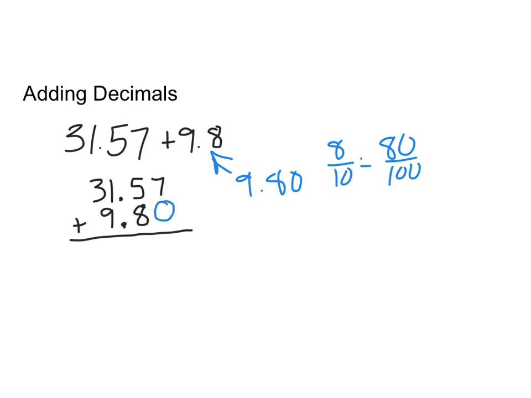So once I have that, I do my 7 plus 0, which gives me 7. I'm just going to add my columns. 5 plus 8, which gives me 13. But, oh wait, I don't write both the 1 and the 3 down there. Instead, that 1 goes up top.